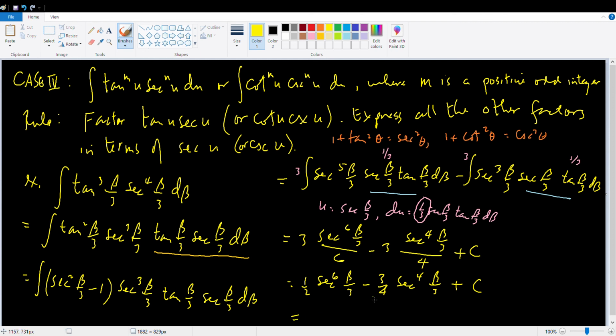Let me just factor the constant 1/4: 1/4 times 2 secant to the 6 beta over 3 minus 3 secant to the 4th beta over 3 plus c. And that will be our final answer.